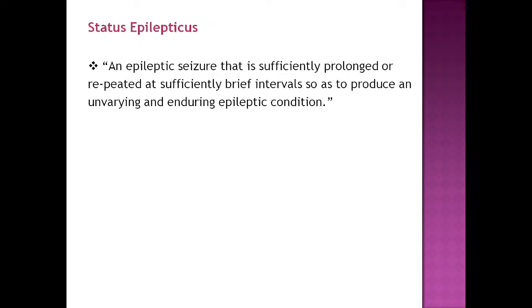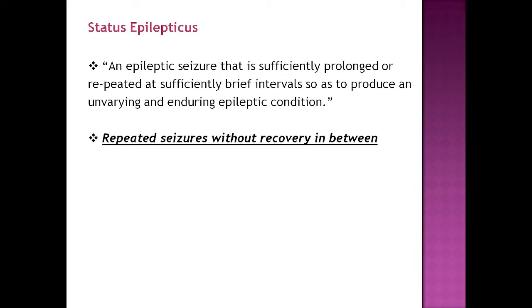So let's try to see what is the definition of status epilepticus. It is an epileptic seizure that is sufficiently prolonged or repeated at sufficiently brief intervals so as to produce an unvarying and enduring epileptic condition. This is a scientific definition of status epilepticus. And if we try to dilute it down, what it would simply mean is repeated seizures without recovery in between.